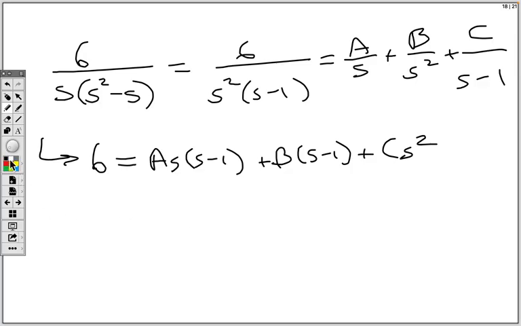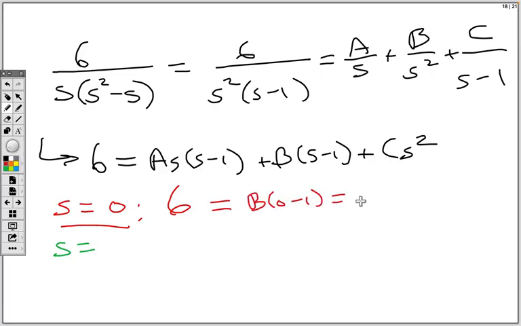What would be the good values of s to plug in here? Yep, 0 and 1. You plug in s equals 0, you get the left-hand side is 6. That's going to be B times 0 minus 1. That's going to get you your B.